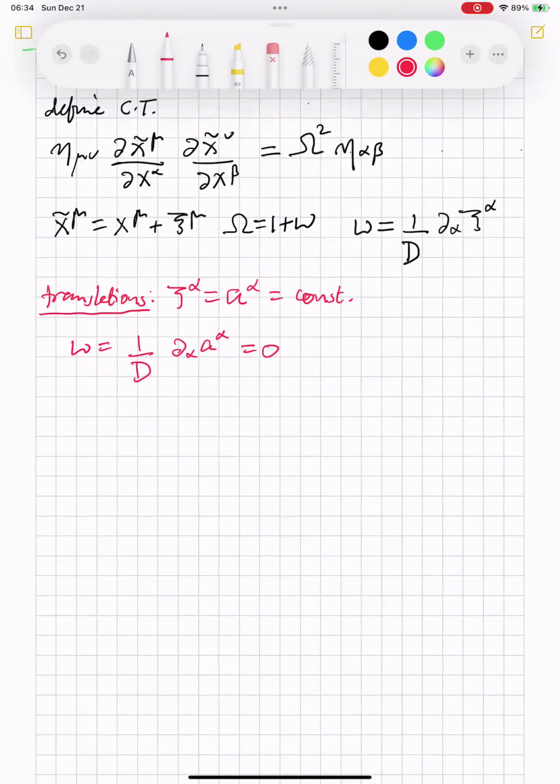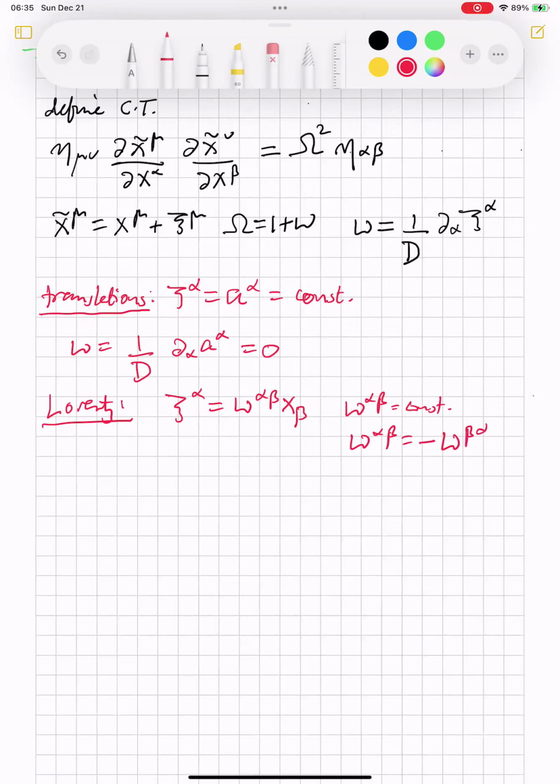What about the case of Lorentz? Well, in the case of Lorentz transformations, remember that zeta alpha was equal to omega alpha beta x beta. And we knew two things. First of all, omega beta alpha is a constant, but then also importantly, omega beta alpha is antisymmetric.